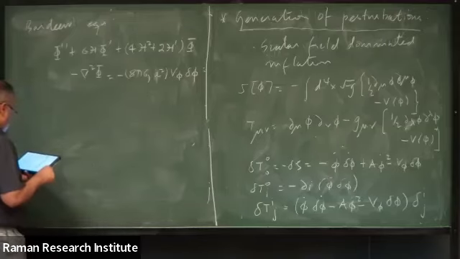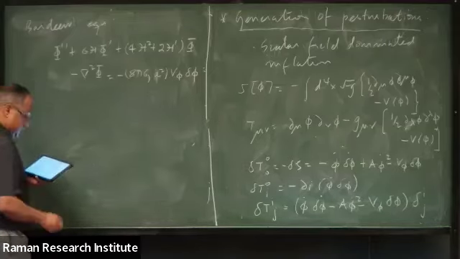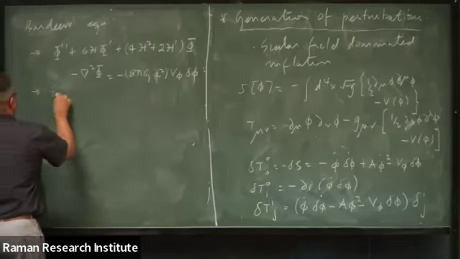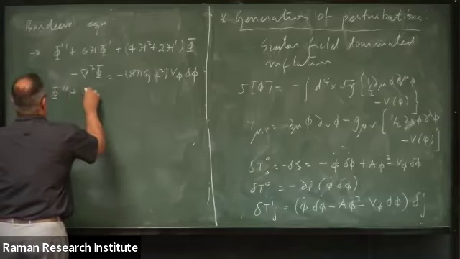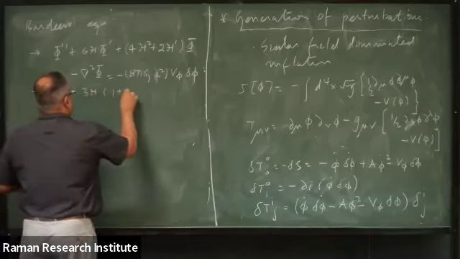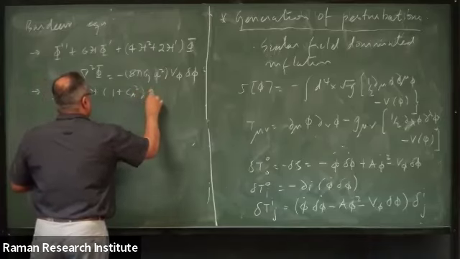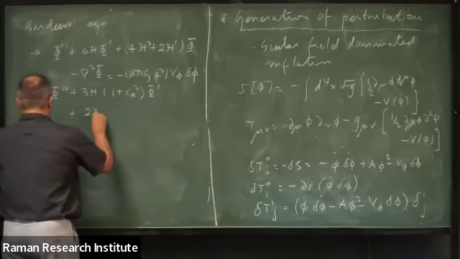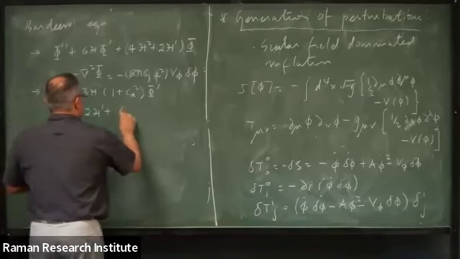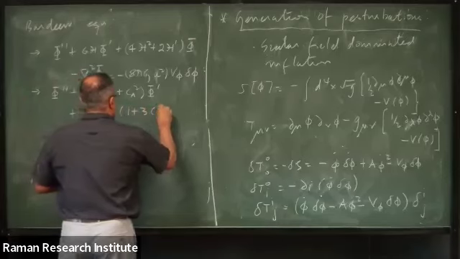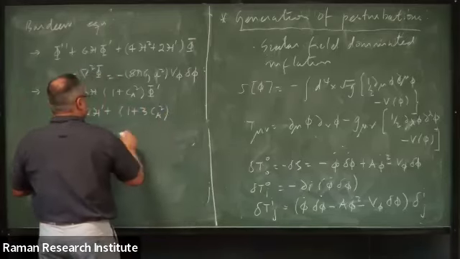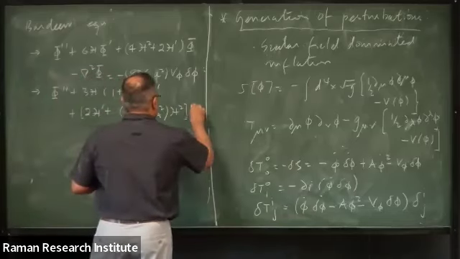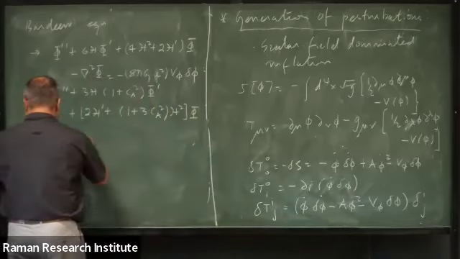Actually, I should write it in a slightly different form. This is an intermediate step. The final step is as follows. I can write this as 3h 1 plus ca squared phi prime, plus 2h prime plus 1 plus 3 phi squared phi, minus nabla squared phi equal to 0. The reason for writing in this form will become evident very soon.